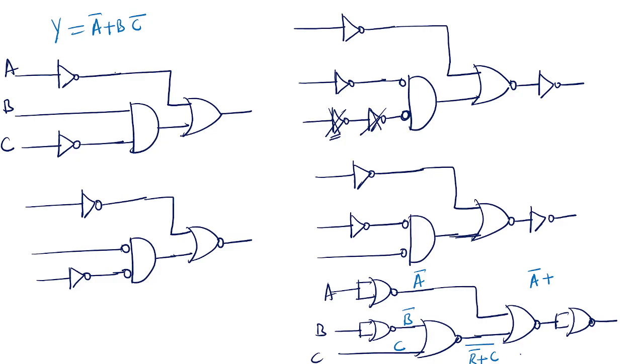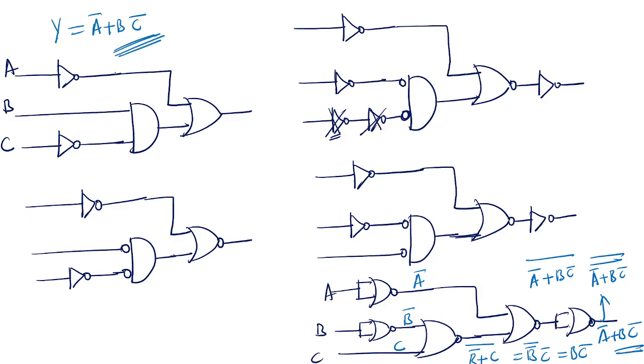Okay, this you can write as B bar whole bar or C bar, BC bar. So here BC bar whole bar. So this output is A bar plus BC bar whole bar. So you are getting A bar, complement of complement is true form, A bar plus BC bar. Both are same, no? Verified. Okay.